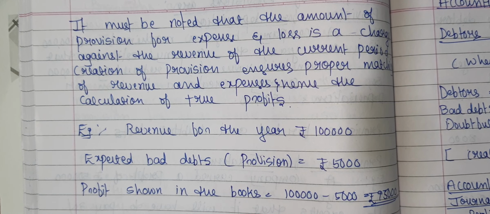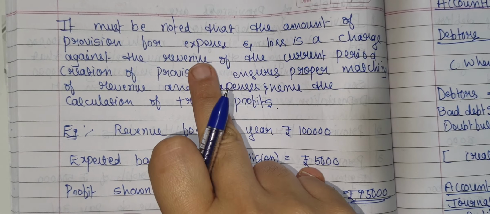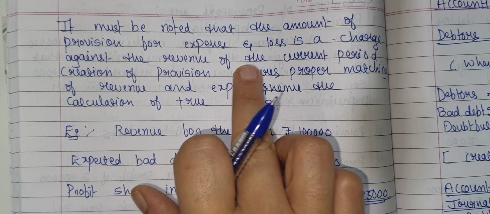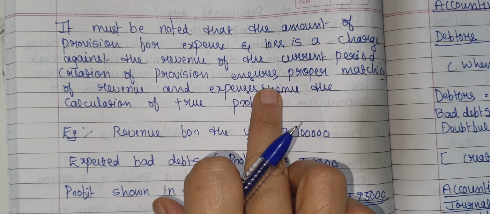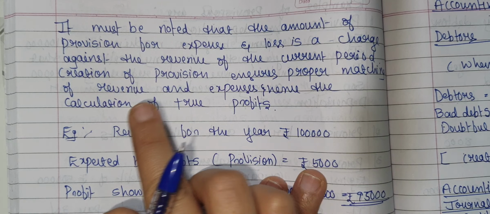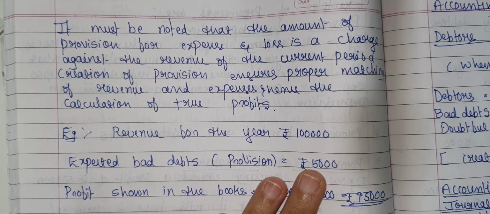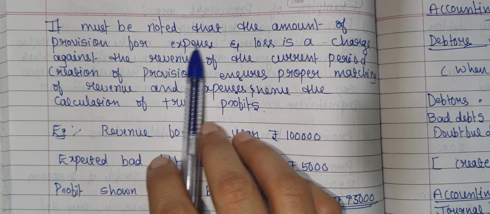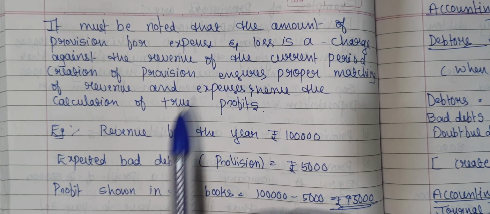See here, it must be noted that the amount of provision for expense and loss is a charge against the revenue of the current period. Creation of provision ensures proper matching of revenue and expenses and hence the calculation of true profits.